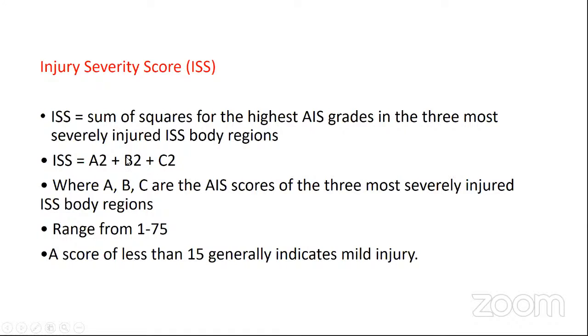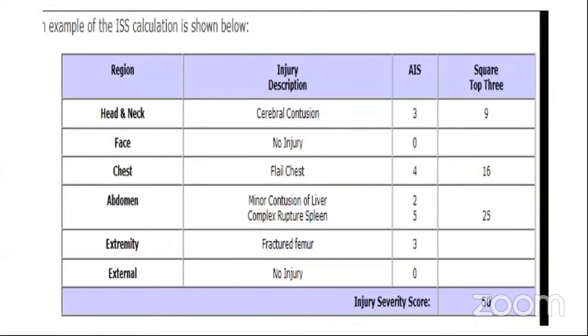Usually it ranges from 1 to 75. If the ISS score is less than 15, it usually indicates a mild injury, and if it is 15 to 50, it is a moderate injury. If it is more than 50 or 75, it is usually an unsurvivable injury. So that is about the ISS score.